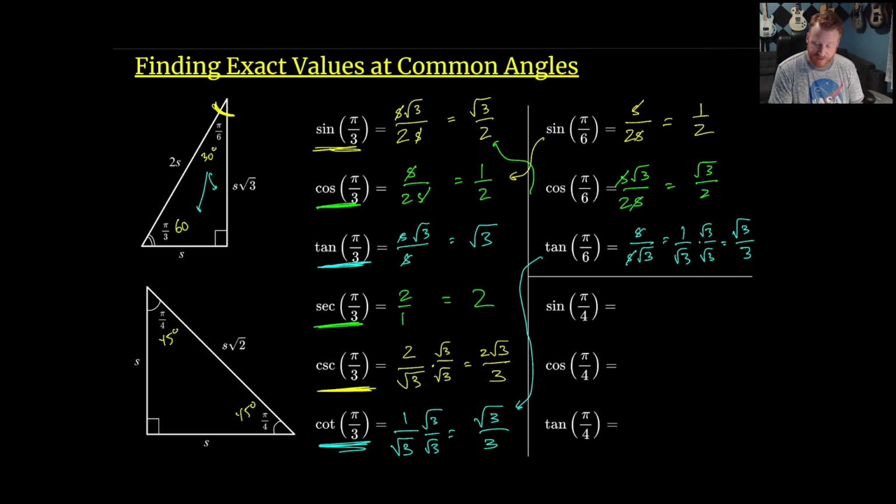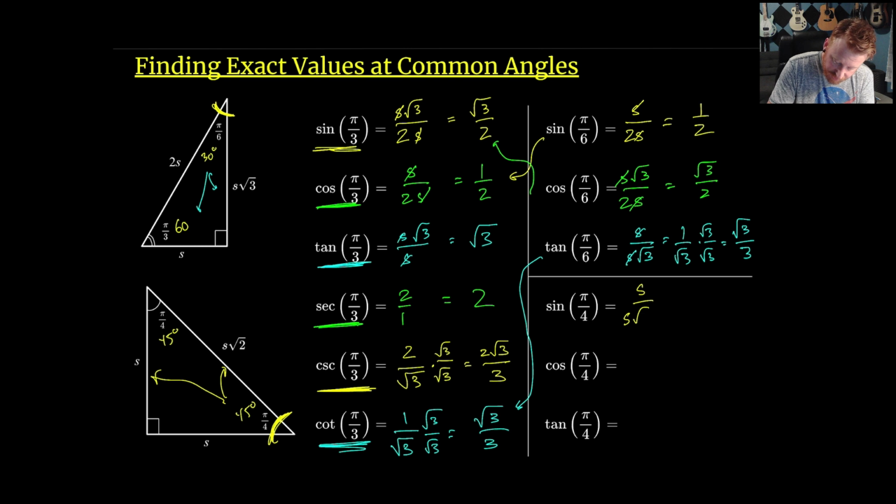So if I'm taking a look at sine of pi over 4, now I'm using the bottom triangle here. We're done with the 30, 60, 90. So the sine is still the opposite over the hypotenuse. And here I can pick either one because they're the same angle, so I'll just pick this bottom one. I want the opposite side, which is going to be s, over the hypotenuse, which is s times the square root of 2.